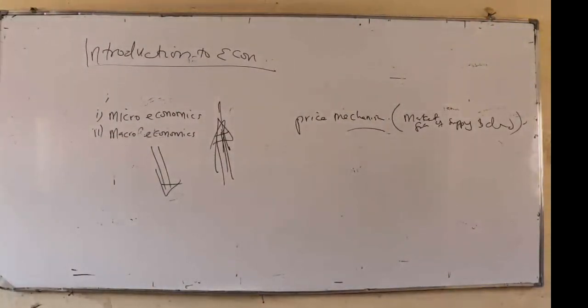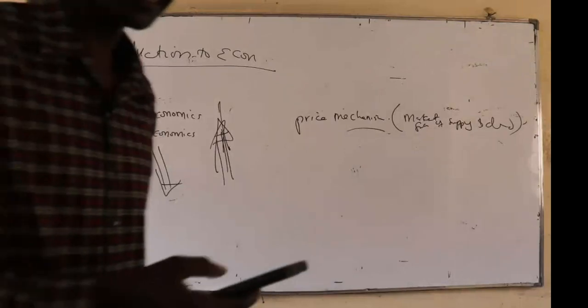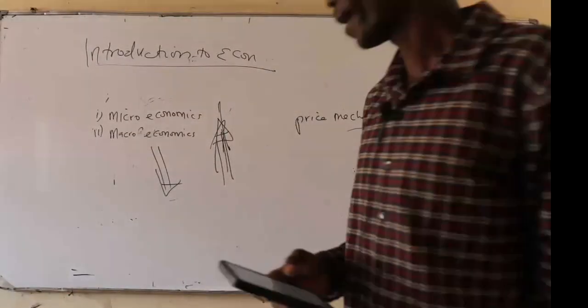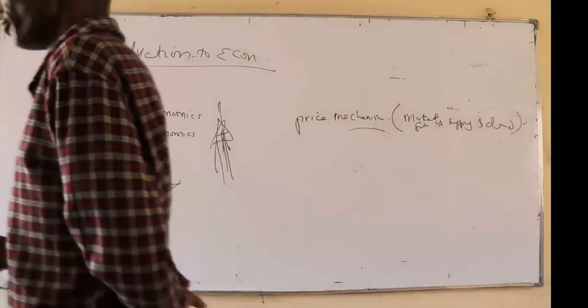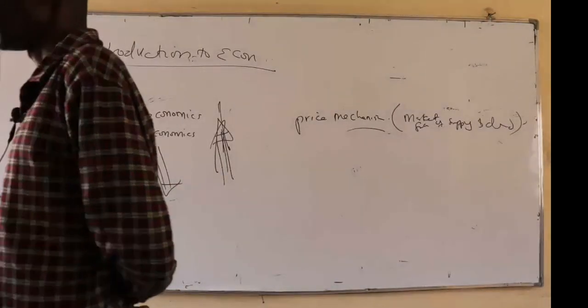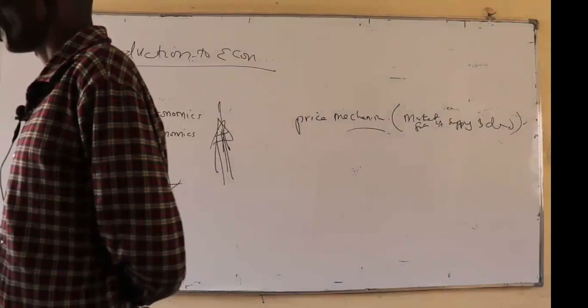So that's that. The price of a product will tell you whether to produce it or not. If the price is higher, the producers will be willing to allocate their resources towards the production of that product.